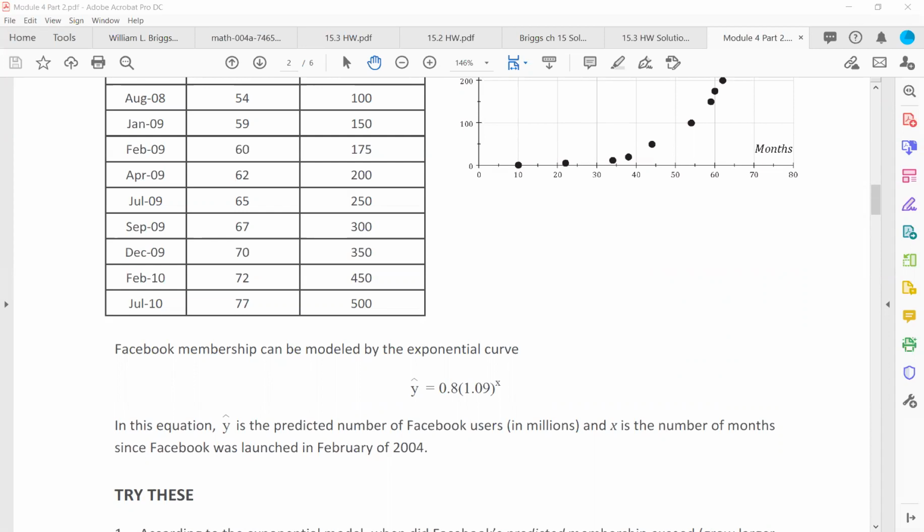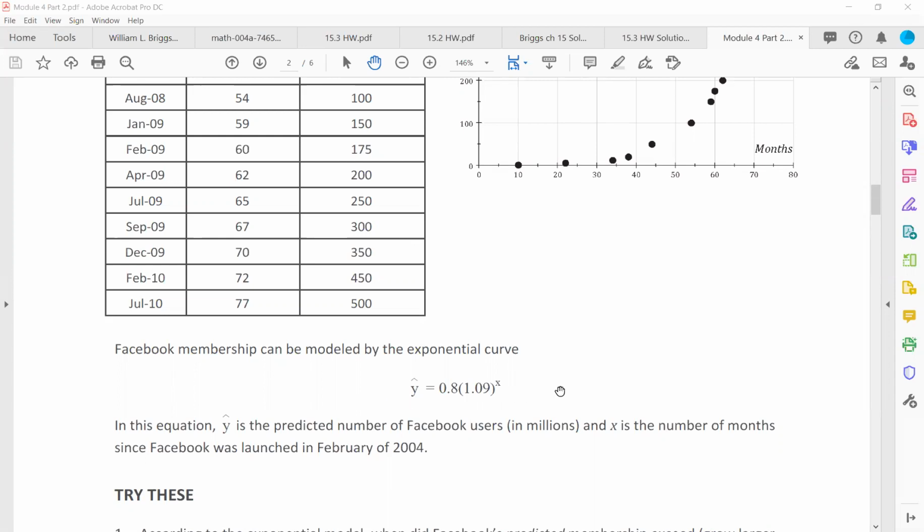So after that month, the number of Facebook users exceeds 200 million.